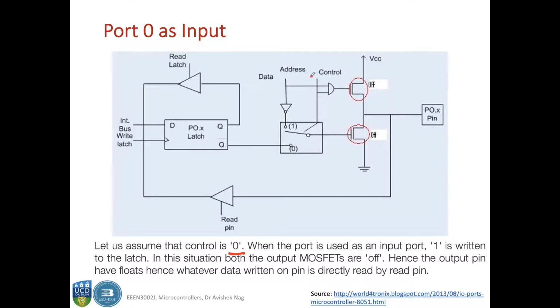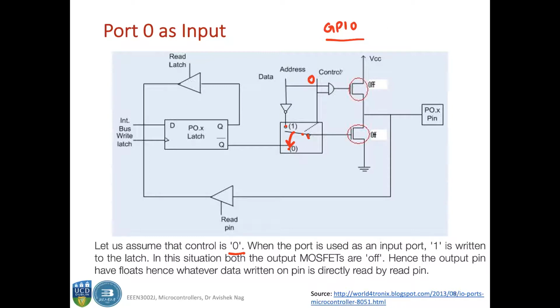Because your control is 0, this circuit will be closed. So if your control is 0, then this point is connected to this. If your control is 1, then this point is connected to this. So we are focusing on the GPIO characteristics of port 0.